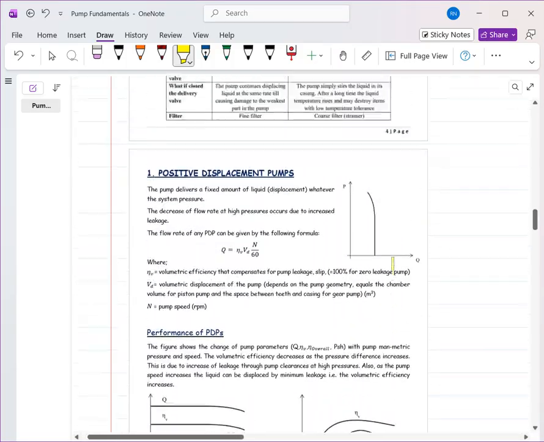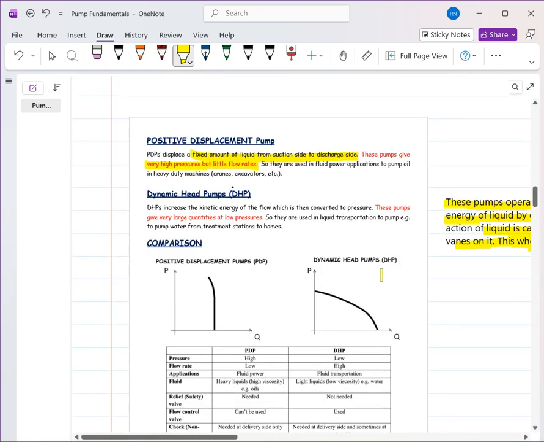In today's lecture, we will end here only because it has gone more than 20 minutes. So, briefly, in general, what are the dynamic head pumps?